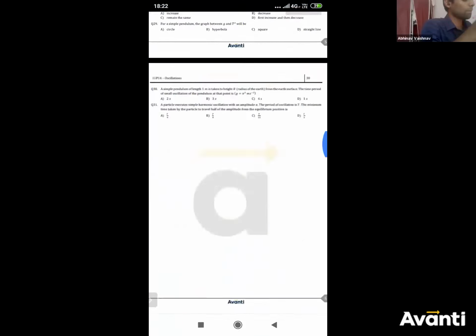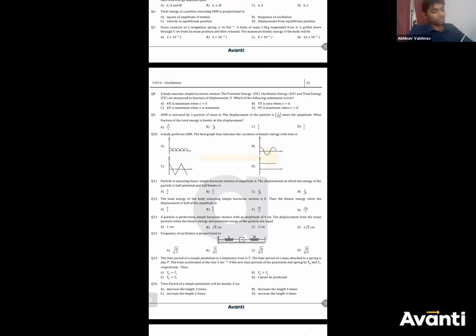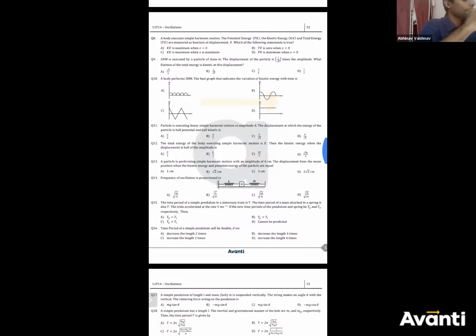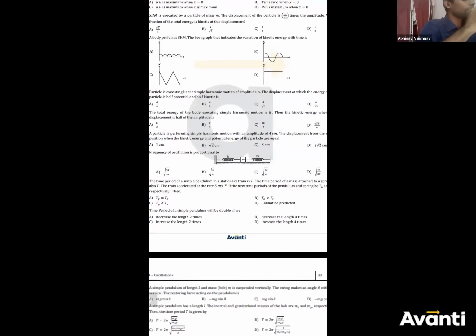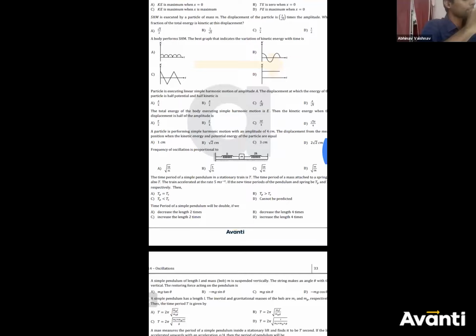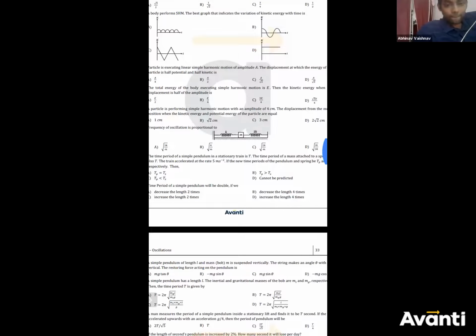Question number 15, you can read it quickly.